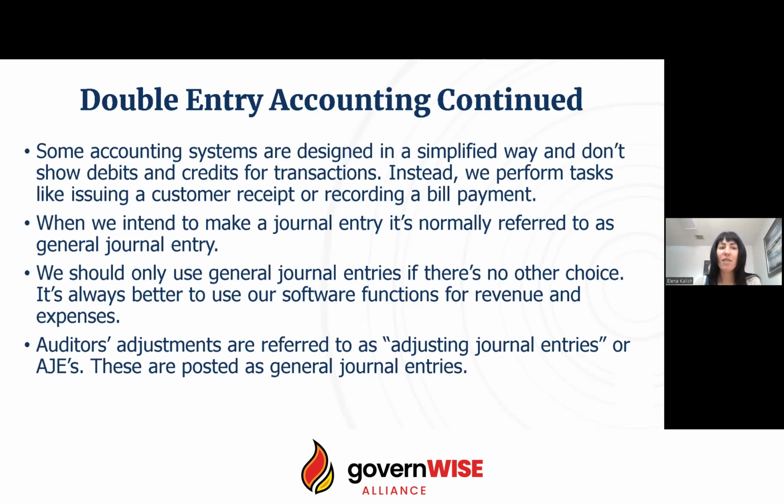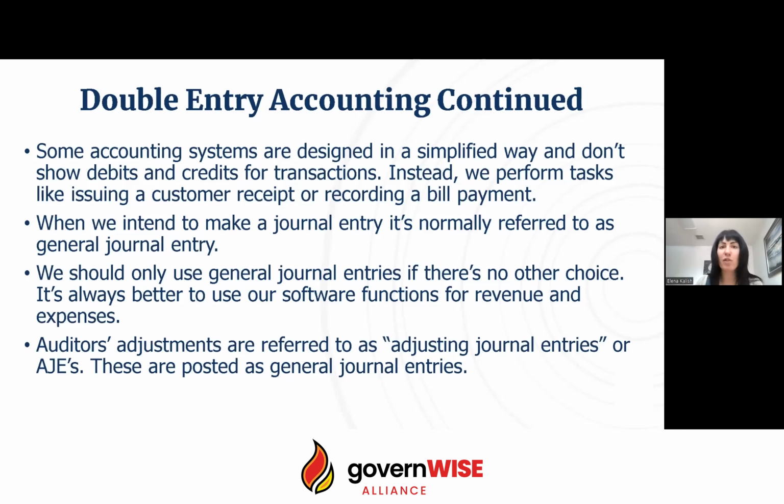And then another reason is your auditors are supposed to review 100% of your general journal entries. Why is that? Because general journal entries are normally used for corrections, they're also viewed as higher risk transactions by the auditors, right?